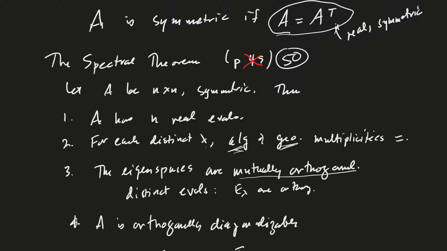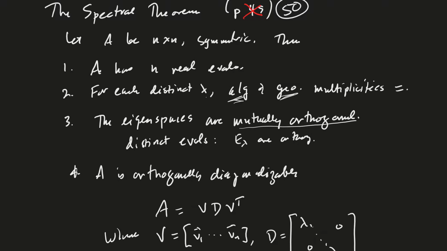But for us, A equals A transpose, and that's the kind of matrix we're going to be working with. A symmetric matrix A is said to be orthogonally diagonalizable. What does that mean? That's the result of the spectral theorem.